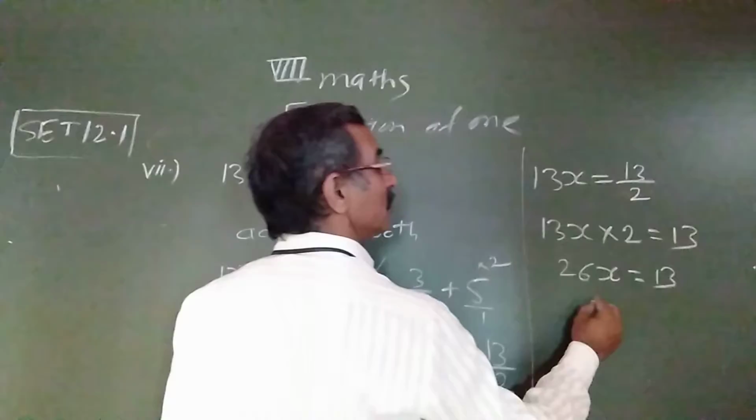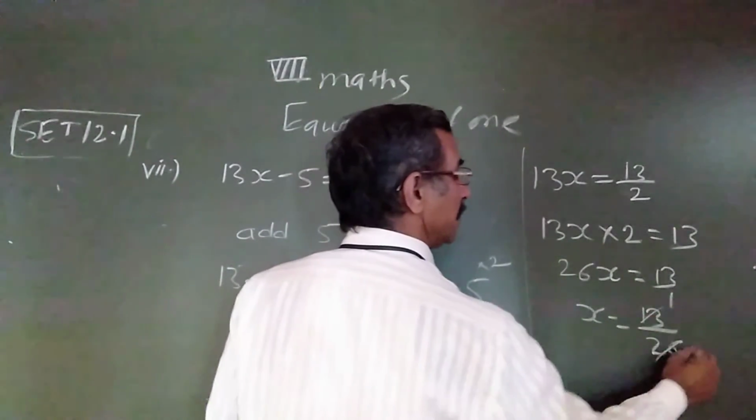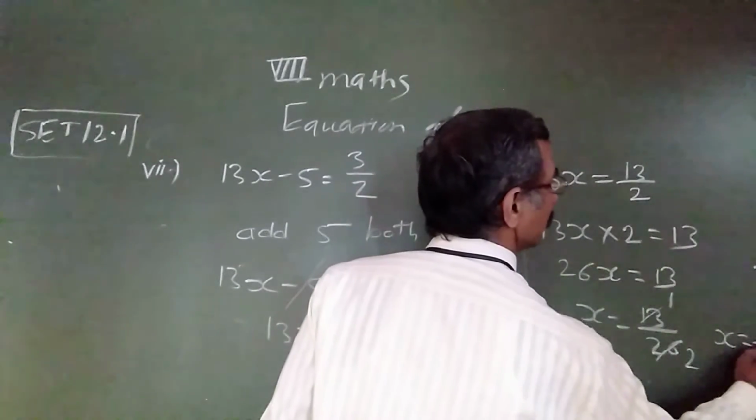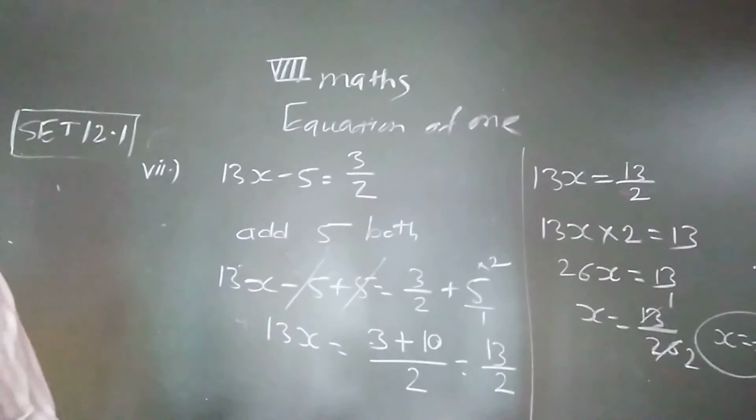This 26 goes on this side, it gets divided. So by division we get the value of x is equal to 1 by 2. So we found the value of x is equal to 1 upon 2.